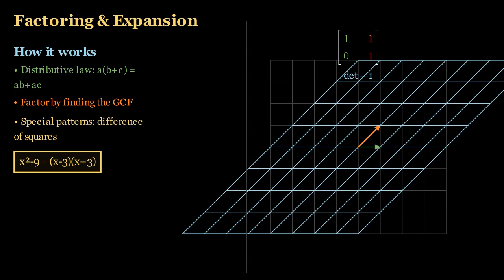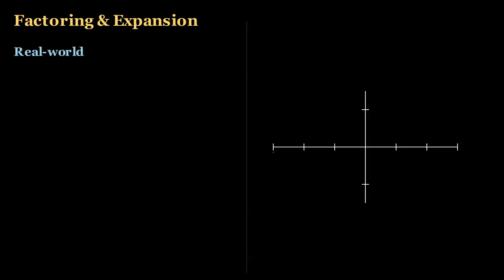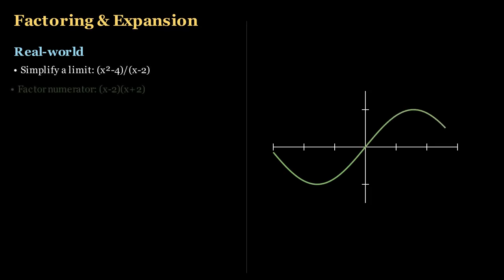We can factor it into x minus 2 times x plus 2. Now the fraction becomes x minus 2 times x plus 2 over x minus 2. The x minus 2 factors cancel, leaving just x plus 2. Now plugging in 2 gives 4. The limit is 4. Factoring turned an impossible problem into a trivial one.